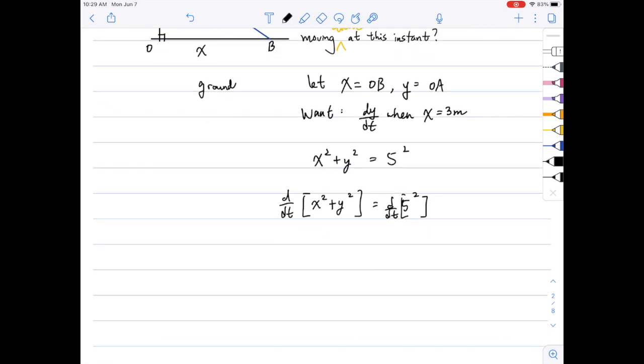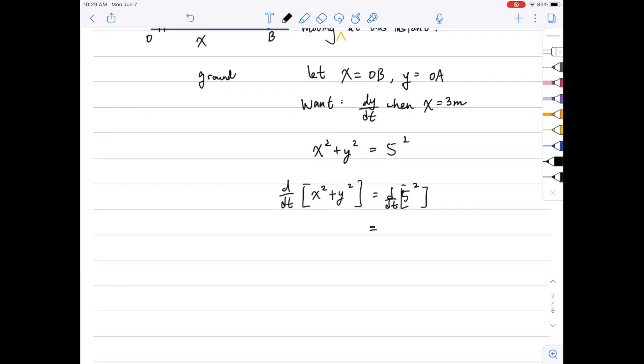On the right side, it's pretty straightforward. That's just going to be 0, because the derivative of a constant with respect to any variable is 0. But here you have to be careful. The derivative of x squared with respect to x is just 2x. But you're taking the derivative with respect to time. So you apply the chain rule to the outside function, which is a power function: bring the 2 down, subtract 1 from the exponent.